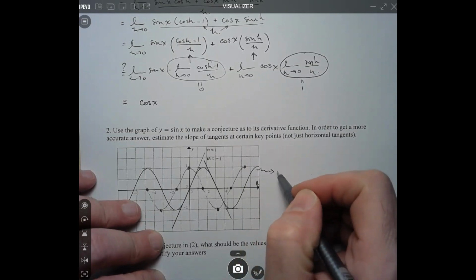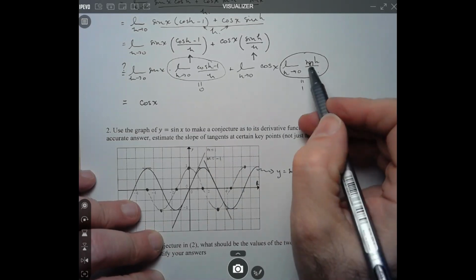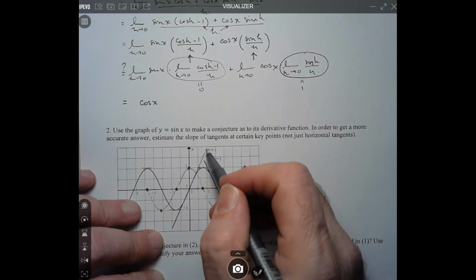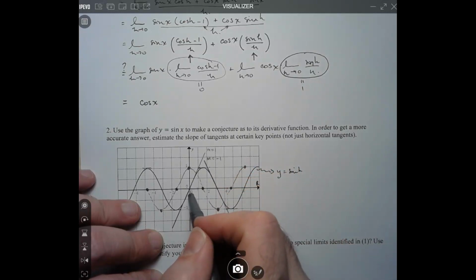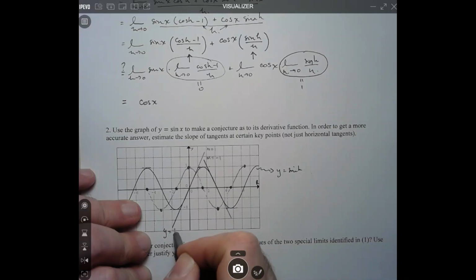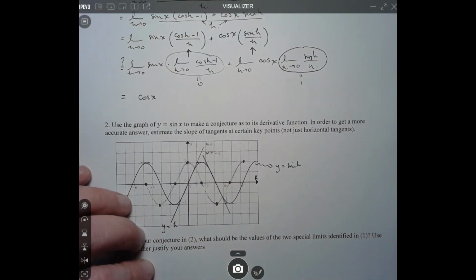This function here represents y equals sine h, exactly the function I have in the numerator there. And this line that I drew that passes through 0, 0 and has a slope of 1 would just be the function y equals h. Okay, if instead of x, I'm using h as my variable.